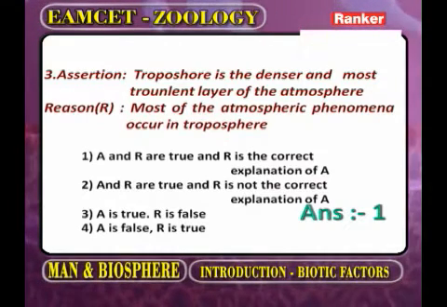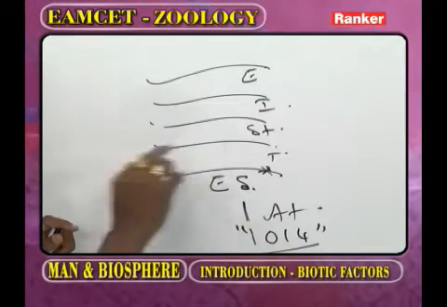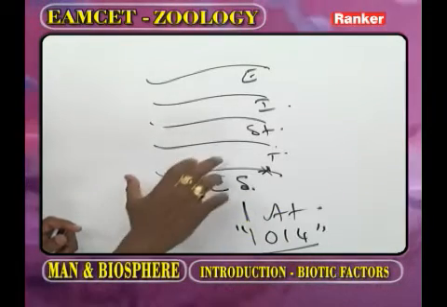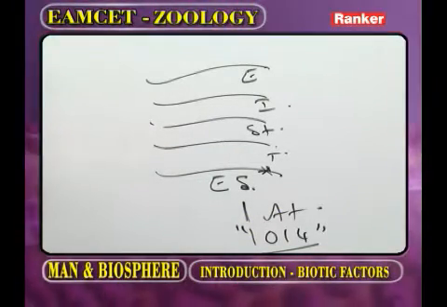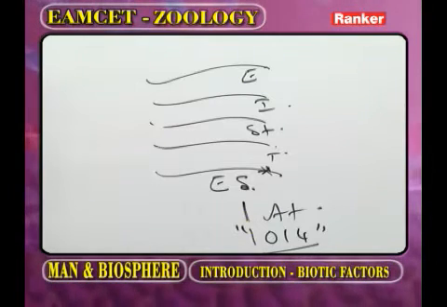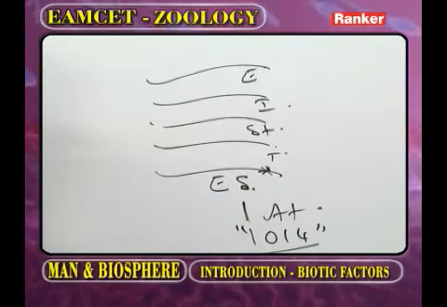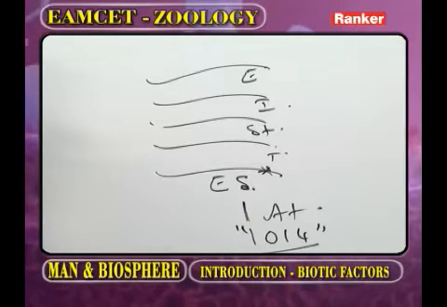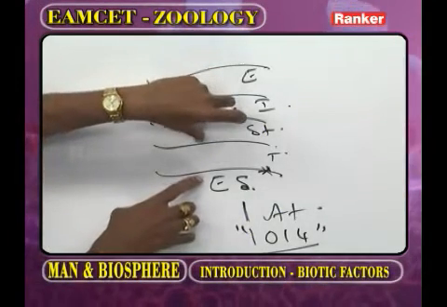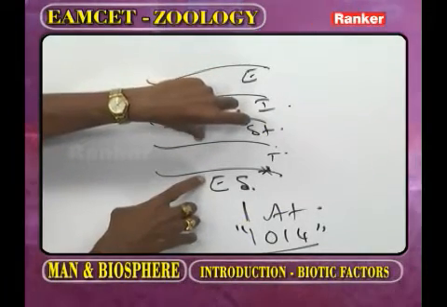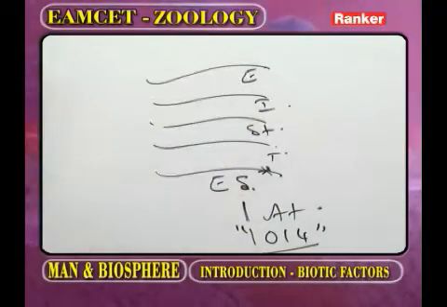This is the earth surface, and this layer of the atmosphere we call the troposphere. At poles and at equator, what is the thickness of the troposphere? 8 to 10 kilometers, 16 to 18 kilometers. The living organisms are present between earth surface and troposphere.